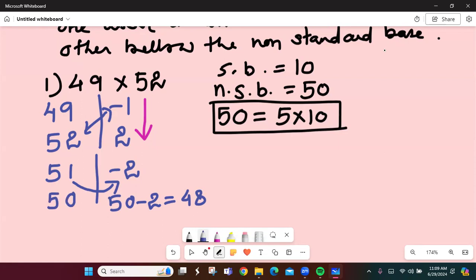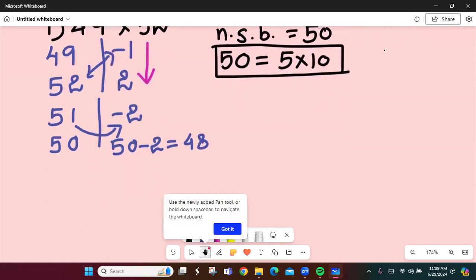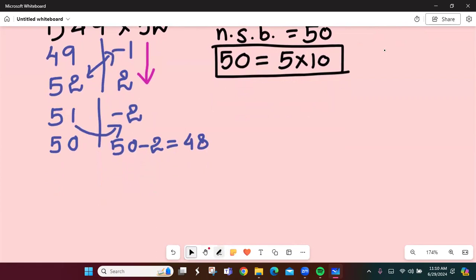Another thing to keep in mind is that 50 is now a number in base 50. I want to change it to base 10. And 50 is 5 times 10; the non-standard base is 5 times the standard base.